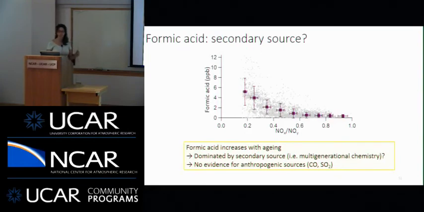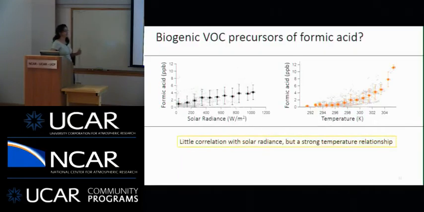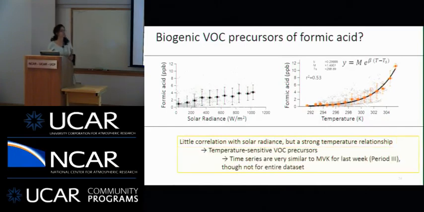I'm running out of time, so I'm going to skip a few slides and get to the punchline. And that is, we know there's a secondary source. We know that solar radiance doesn't really match our formic acid, but temperature does. So we have a strong relationship with temperature. We can fit this to a curve which looks a lot like biogenic emission, but the constants that control it don't quite work out.